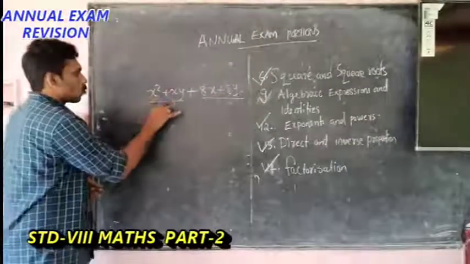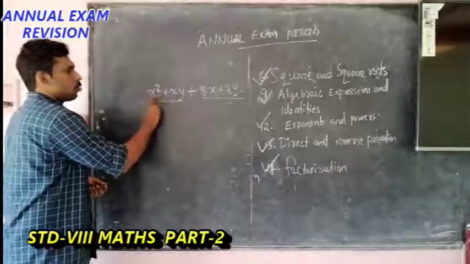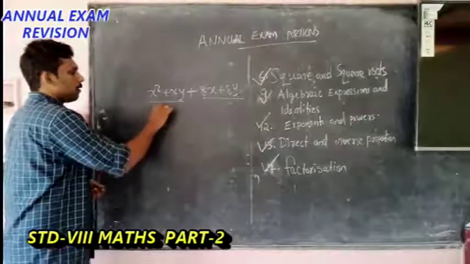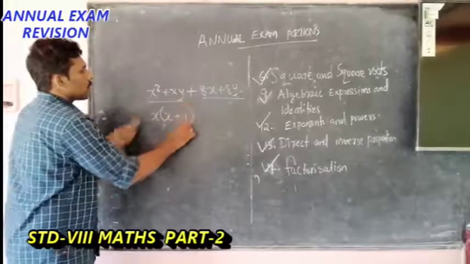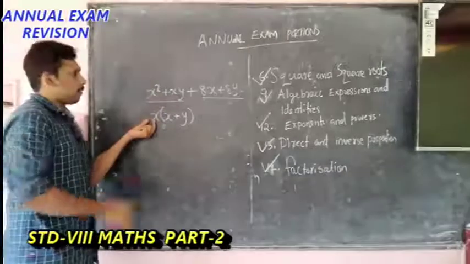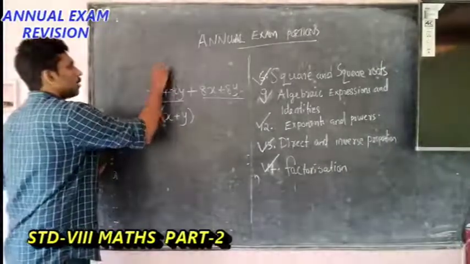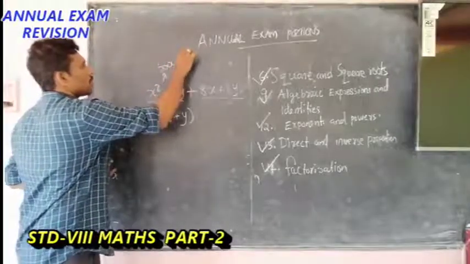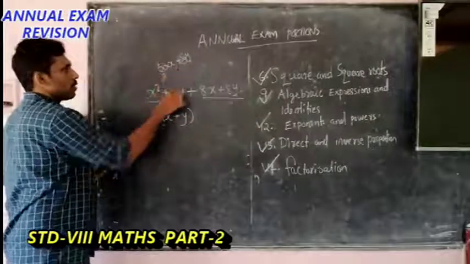X square plus xy: x square means x into x, so x is the common factor of these two terms. So it will come like this: x into x plus x into y. Taking x outside, the remaining are x and y. So x plus y.